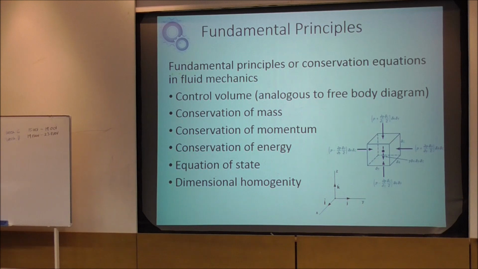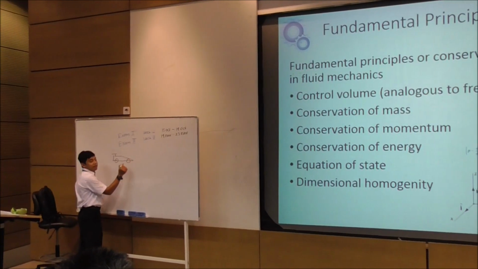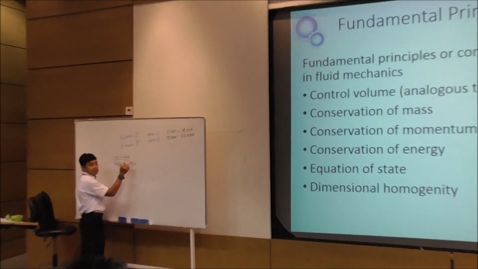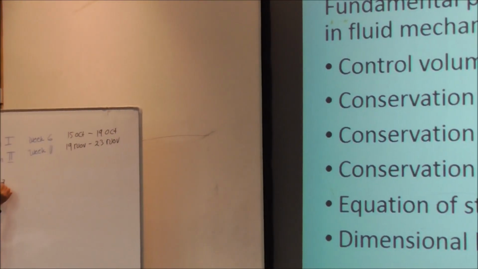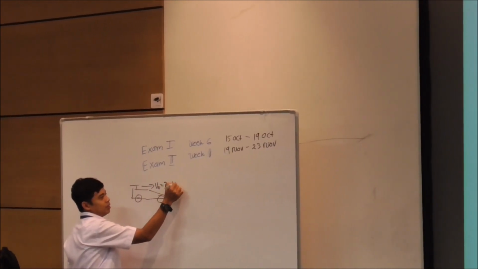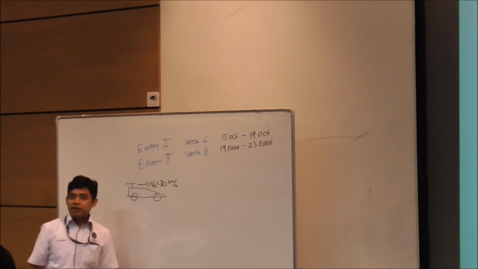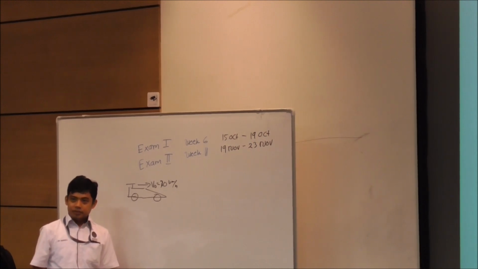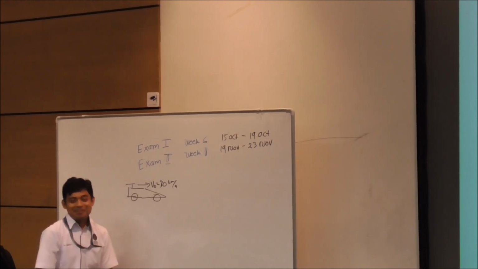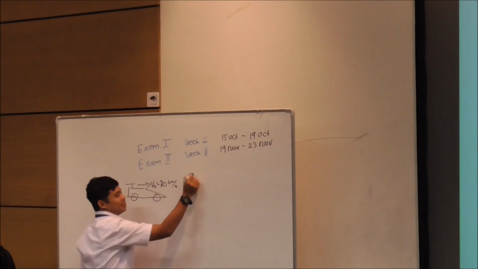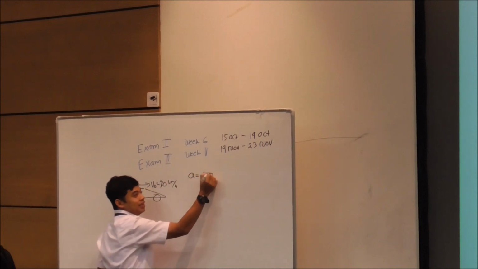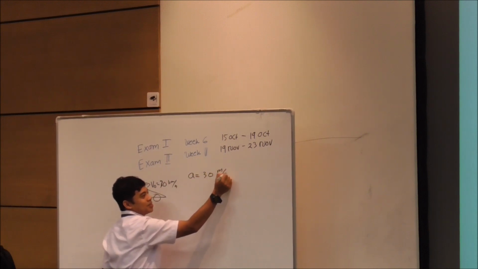You have a car. Okay, bear with me, I'm not a good drawer. You have a car. Initial velocity is 30 kilometers per hour, right? Then the driver pushes the accelerator. The acceleration is 30 meters per second squared.